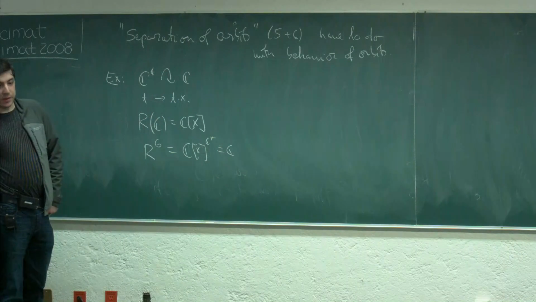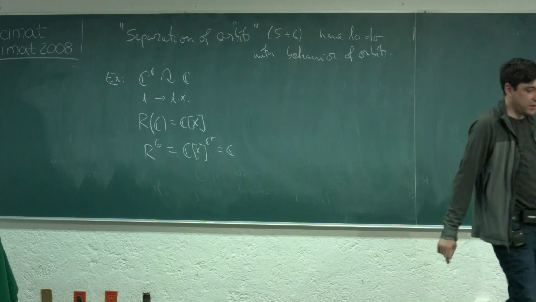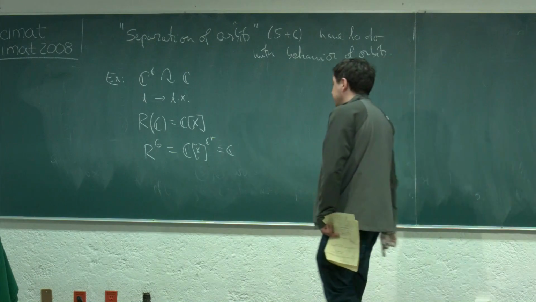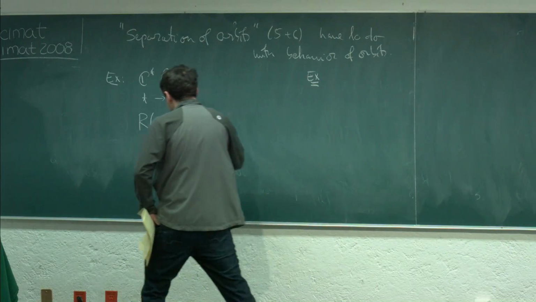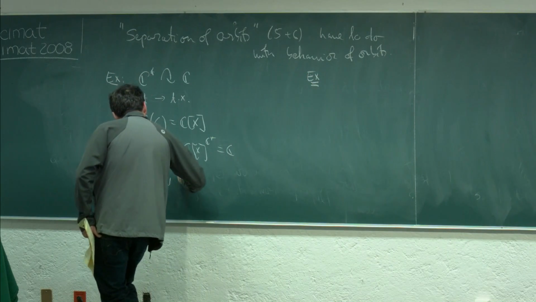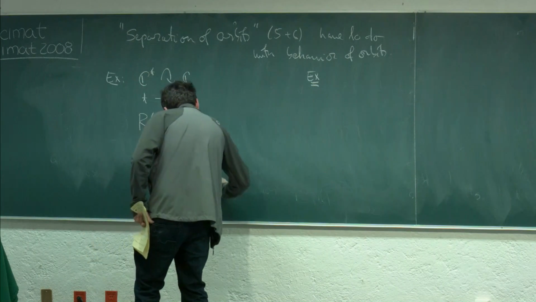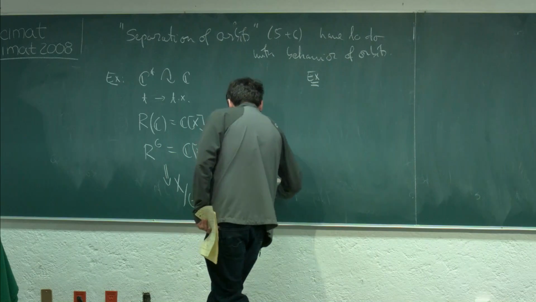It is obvious that, because I'm multiplying the variable by t, the only polynomial that's invariant is clearly the constant. So the conclusion here is that X mod G in this situation is just Spec of C, which is just a point.